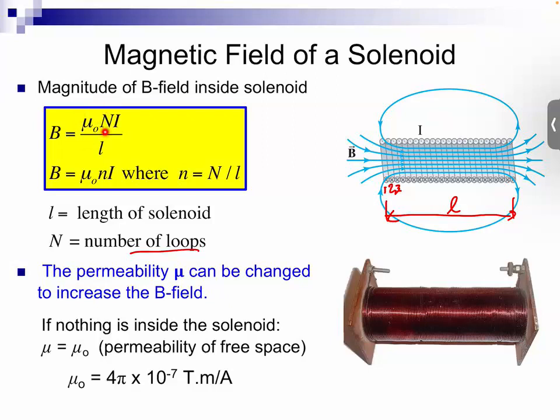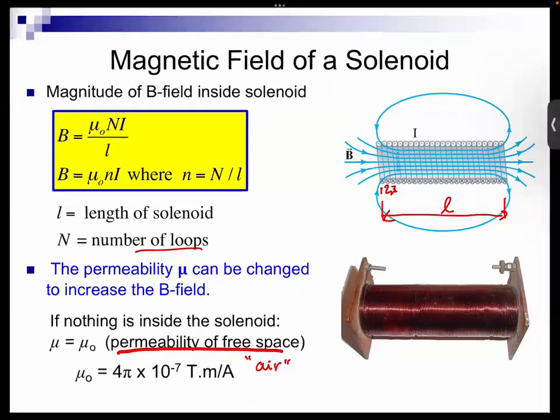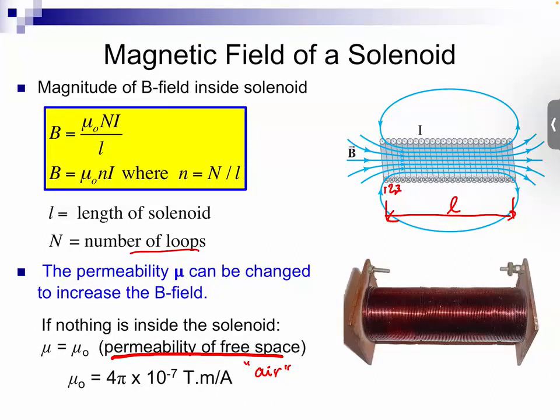Mu naught is a quantity called the permeability of free space, meaning air. Okay. And for air, the permeability is equal to this number, 4 pi times 10 to the negative 7. But the permeability can also be changed. It's a property of the material. If you put a different material inside the solenoid, then the value of mu will change, taking up the value of the permeability of that material.